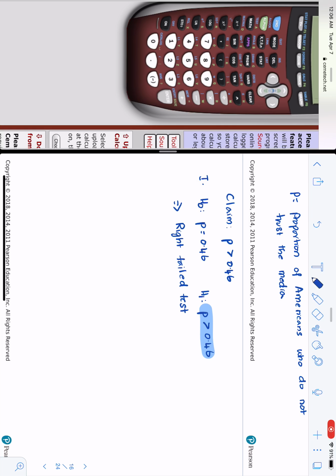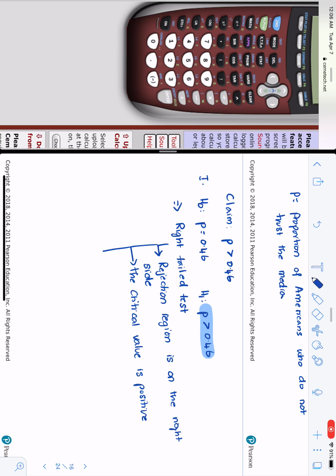The moment we recognize that there's a right-sided test, things to keep in mind are that the rejection region is on the right side, the critical value is positive, and the p-value is the area above or to the right of the test statistic. All of this will come to your mind right away.